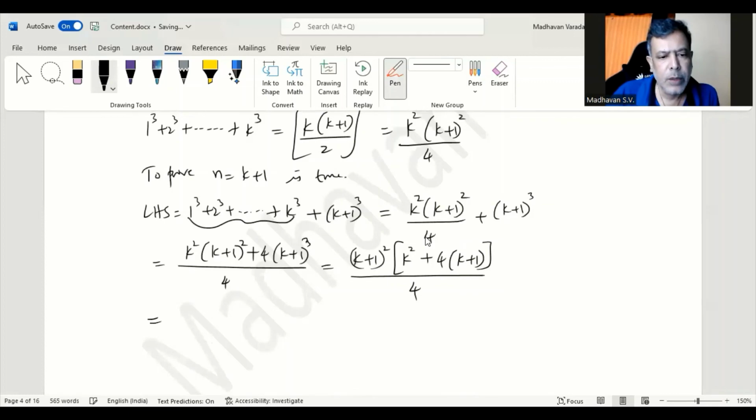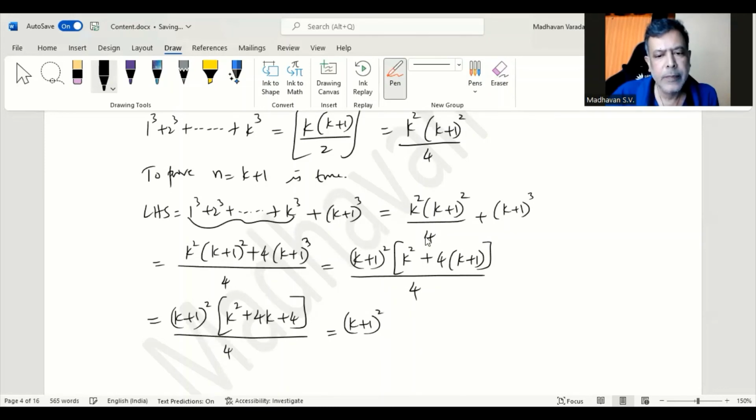That will be equal to K plus 1 the square, and here it is K square plus 4K plus 4 by 4.